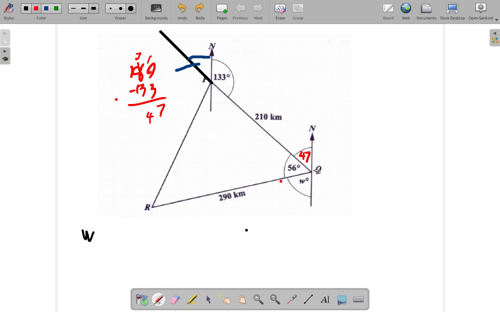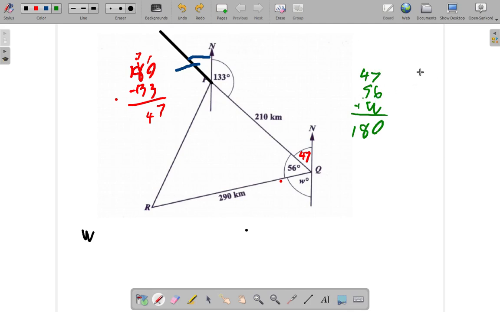Now it's W that they want. Notice that going from here all the way around is 180 degrees. Now you have 56 and you have 47. So that means 47 plus 56 plus W will give you 180 degrees.